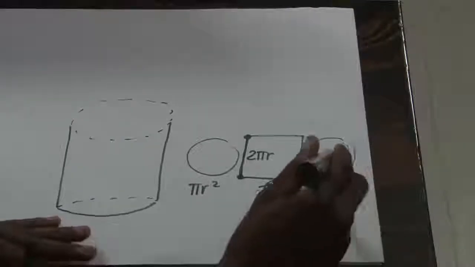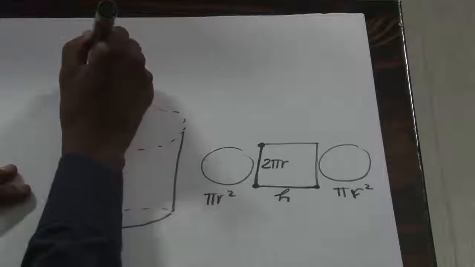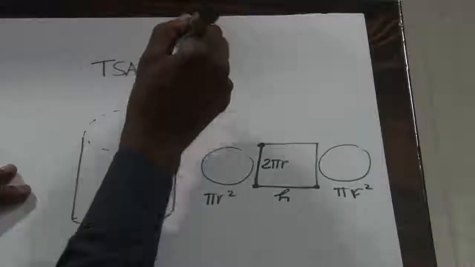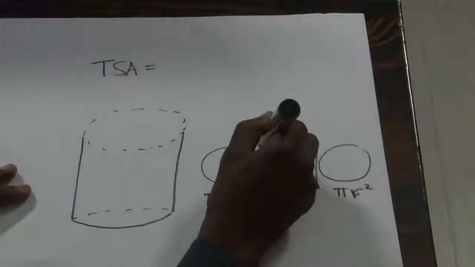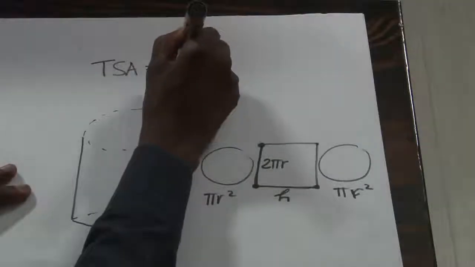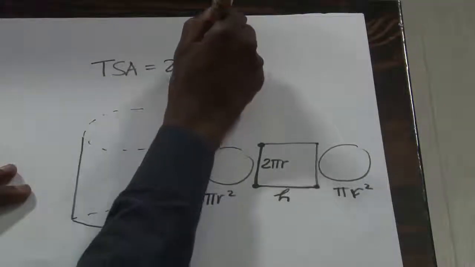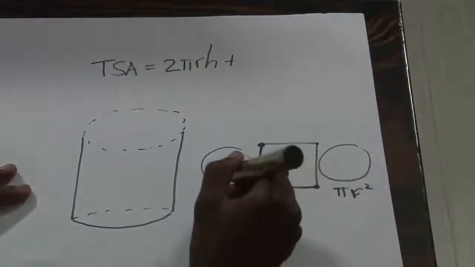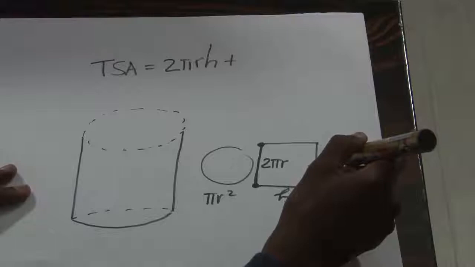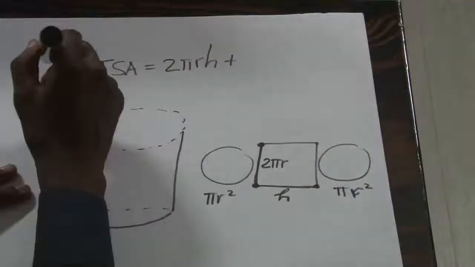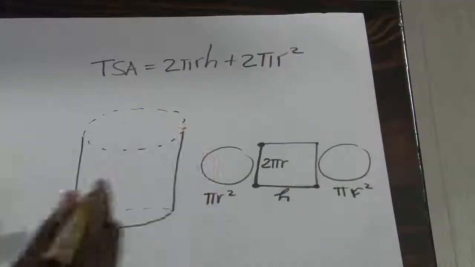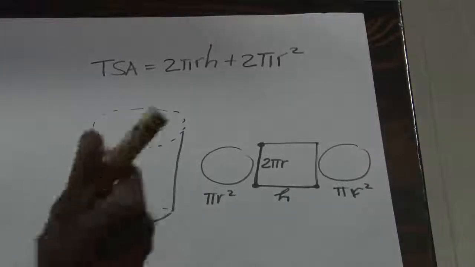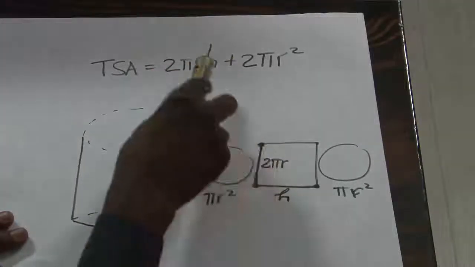So the total surface area would be 2 pi r multiplied with height, plus, since we have two circles that are congruent, 2 pi radius squared. So you just substitute, if you know the h and the r, you substitute them in there.